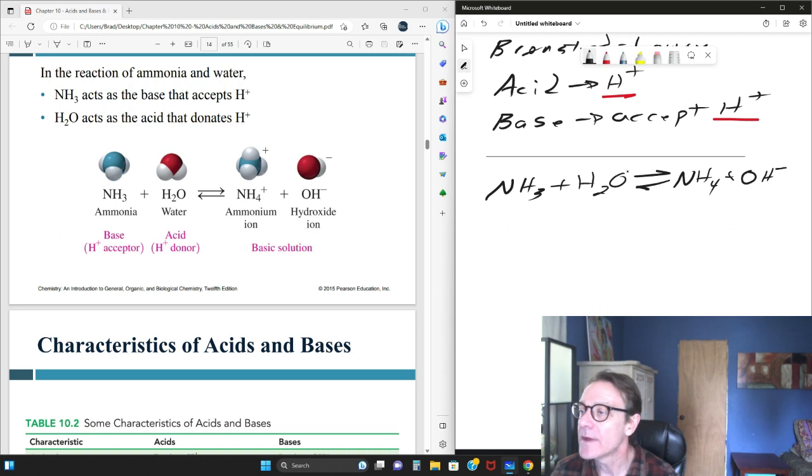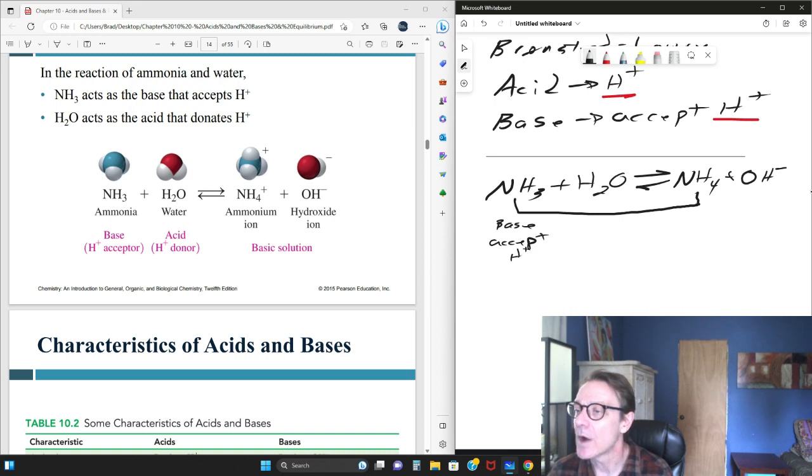Okay, so in this case, we have conjugate acids and bases for each of our molecules here. So these are the conjugate pairs right here. So we can say that this is the Bronsted-Lowry base because it is accepting a proton.